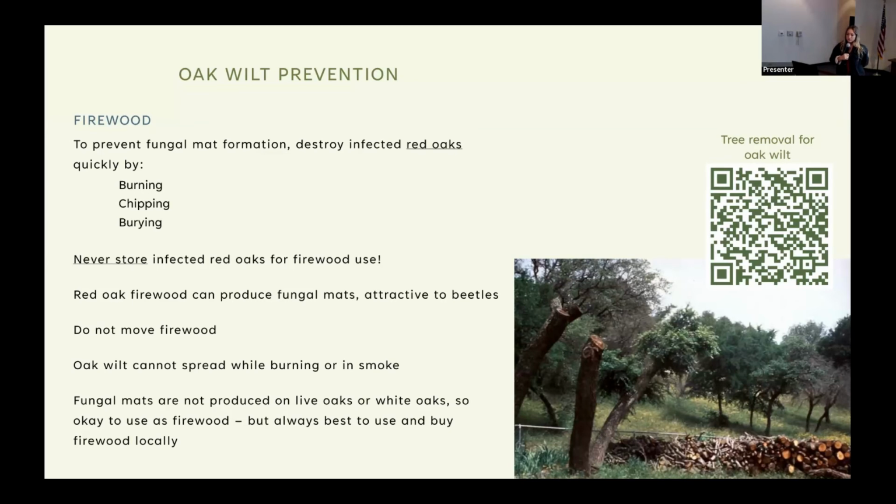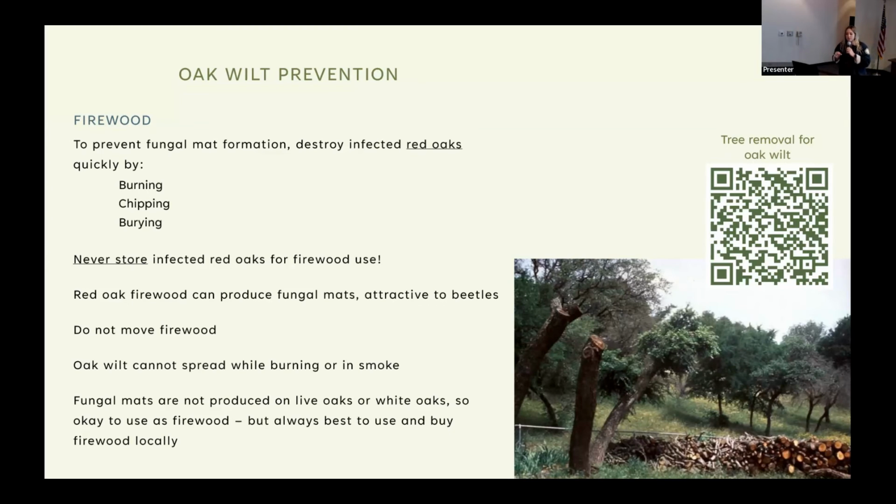And if you can't do any of those, like if this red oak is up on the side of a hill, you can girdle the tree. So cutting into the base all the way around the trunk, to cut into the live wood. And then even better if you can apply a herbicide just within that girdled cut to dry out and kill that tree quickly so that the fungal mat doesn't have a chance to grow. So that is another option.